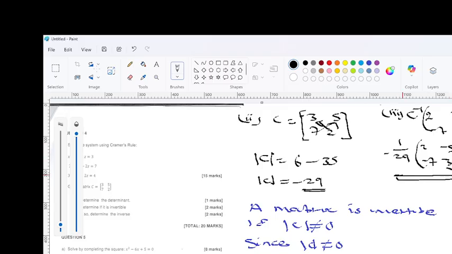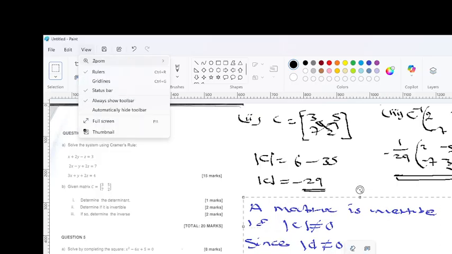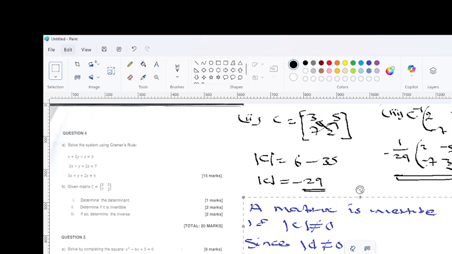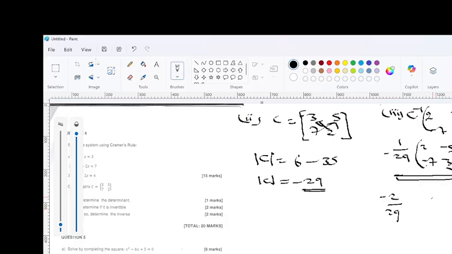Or if you want, you can do the multiplication, whereby you are going to have your final answer, which looks like this. Negative 1 over 29 times 2, we're going to have negative 2 over 29. Negative 1 over 29 times negative 5, we're going to have positive 5 over 29. Negative 1 over 29 times negative 7, we're going to have 7 over 29.